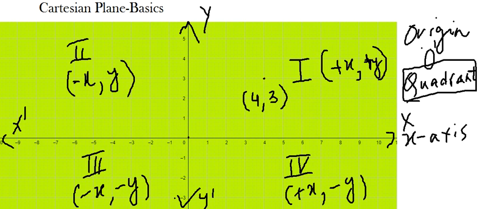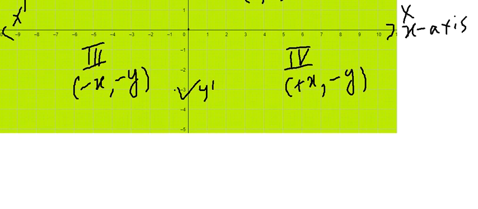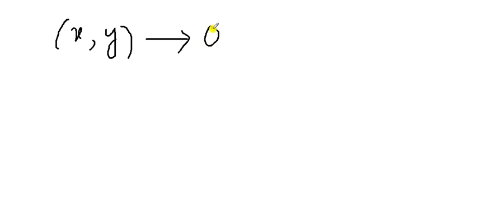And this form of writing the address within brackets, like (x, y), is called the ordered form.